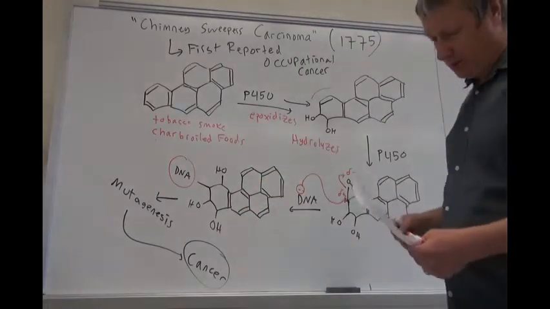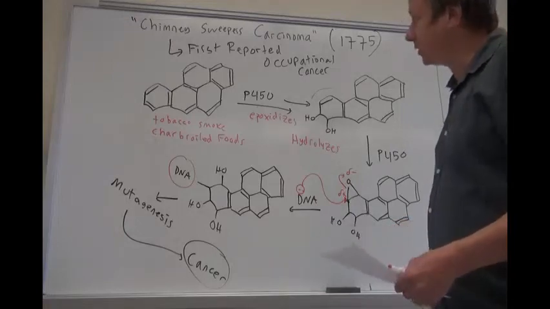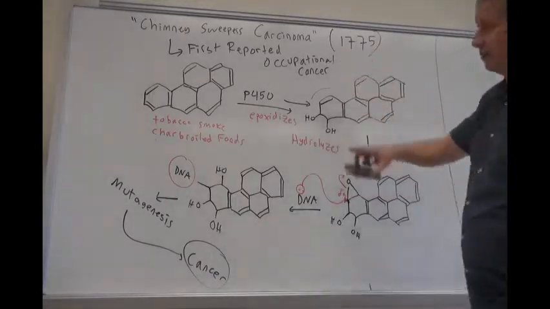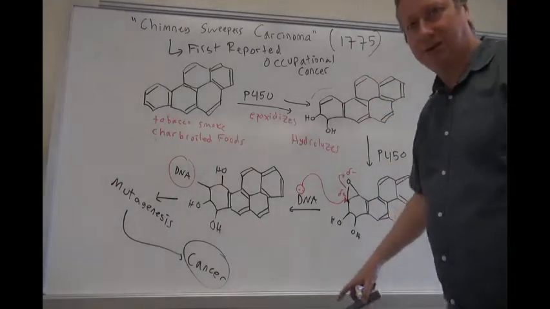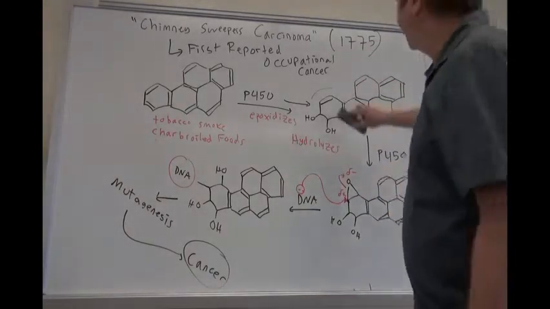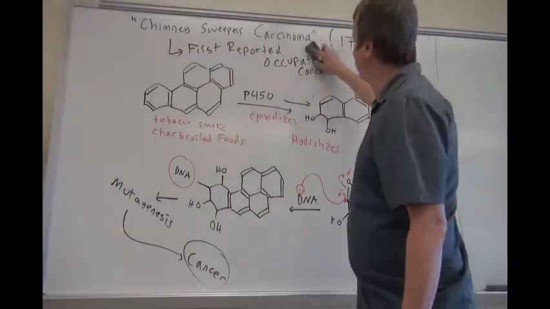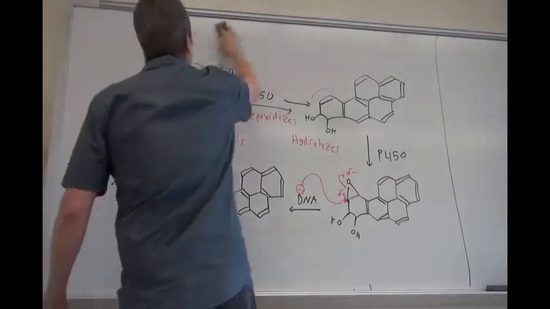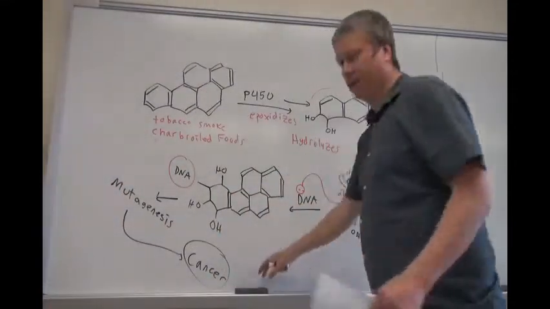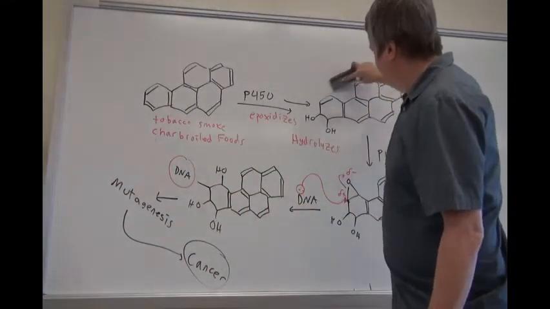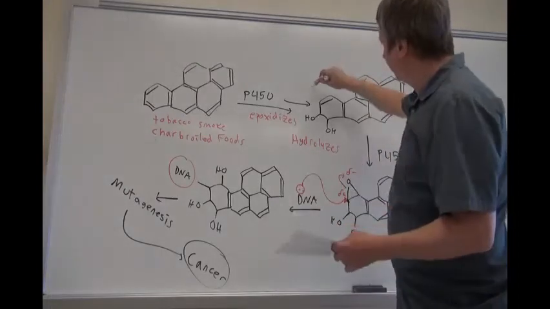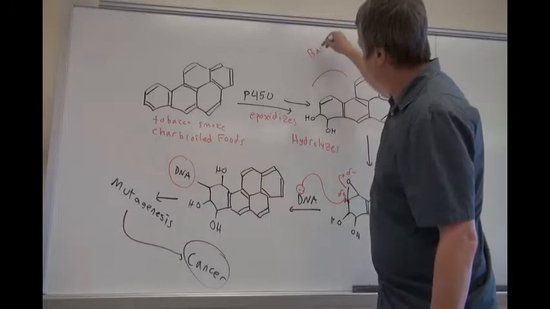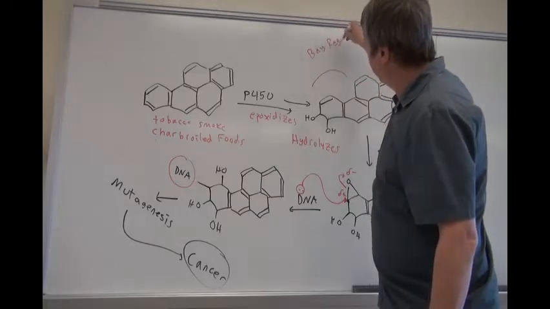So, all right. Let's see what else about this. One more thing. I'm going to erase a little bit from the top, so make sure you got this. You can pause the video. Okay, I'm going to erase the occupational hazard. The other interesting thing in terms of toxicology is this area of the molecule is called the Bay region. Why is it called the Bay region?